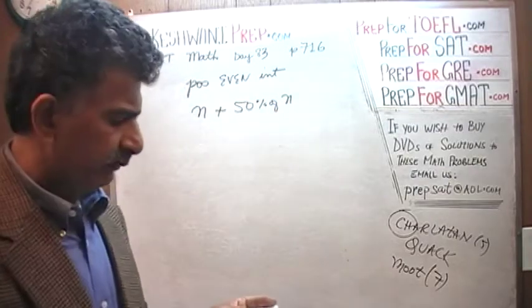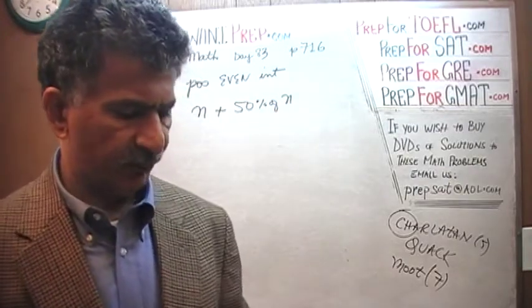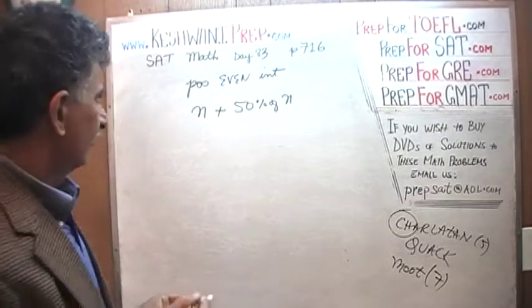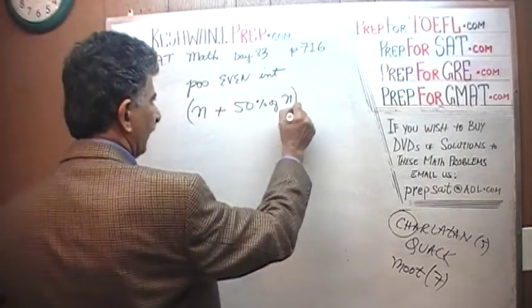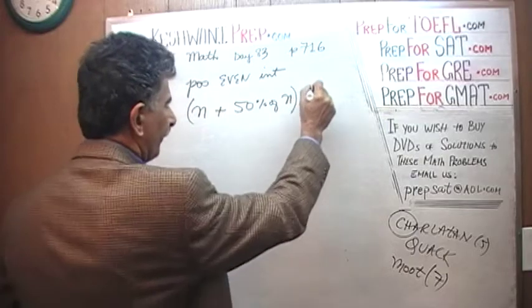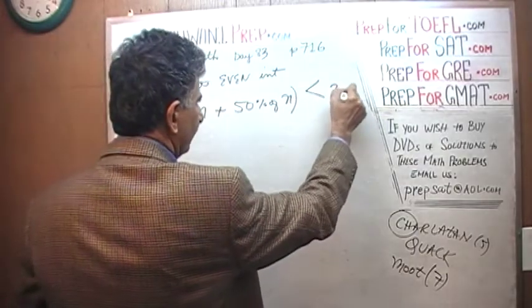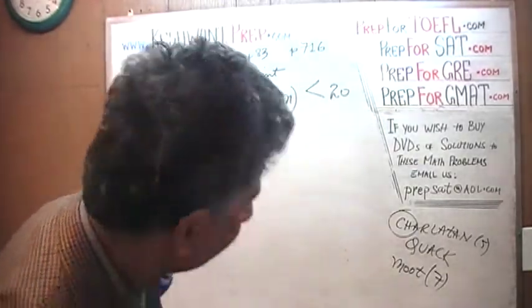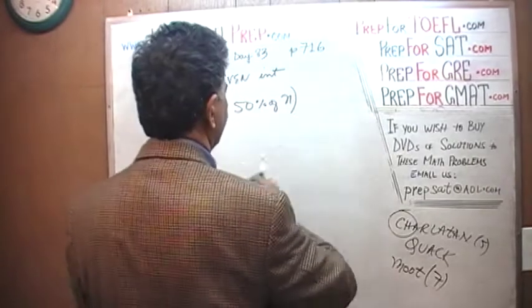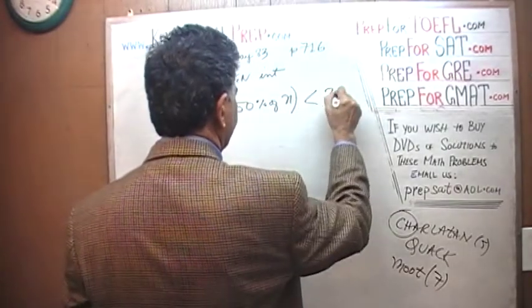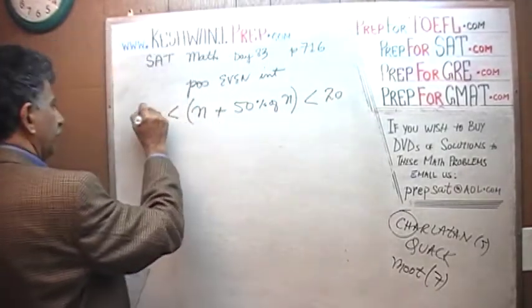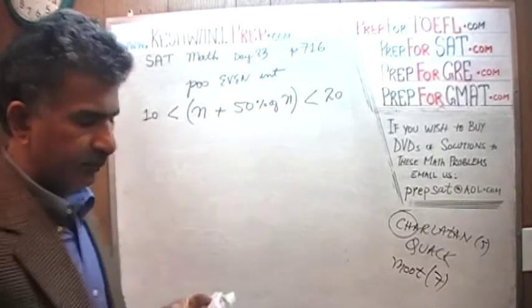And when we do that, we are told that the result falls between 10 and 20. This quantity here has to be less than 20, and more than 10. It has to fall between 10 and 20. This is what we are told.